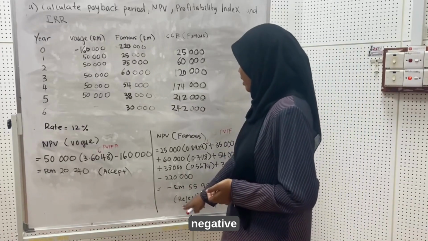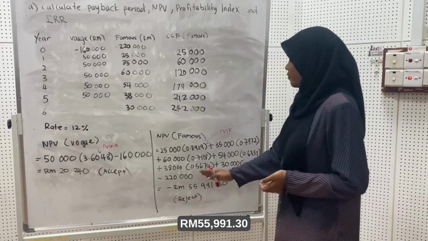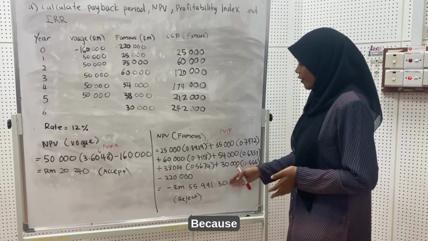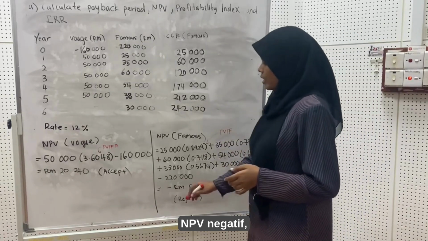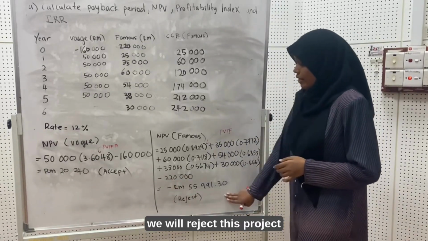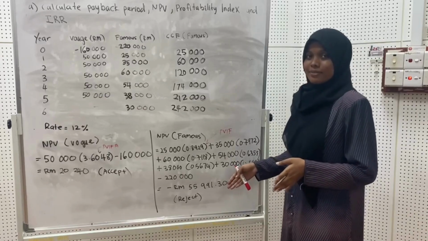That is negative RM55,991.30. Due to the NPV being negative, we will reject the project.